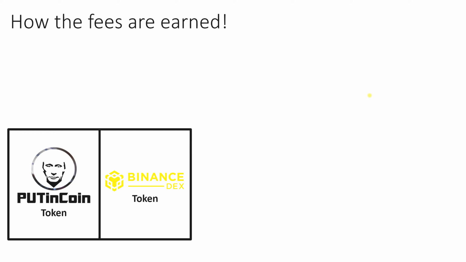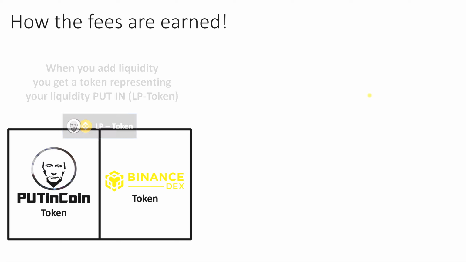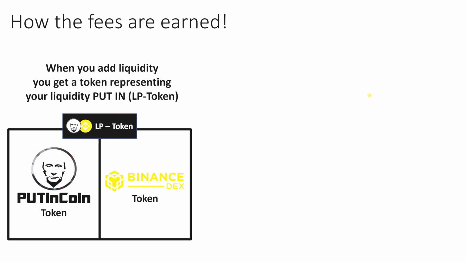So you see the two compartments, on the left side Putincoin, on the right side Binance tokens. Just suppose you are one of the liquidity providers. You put some Putincoin tokens on the left side, some Binance tokens on the right side. When you do this, you get an automatic LP token, which stands for liquidity provider token, representing your liquidity put in.